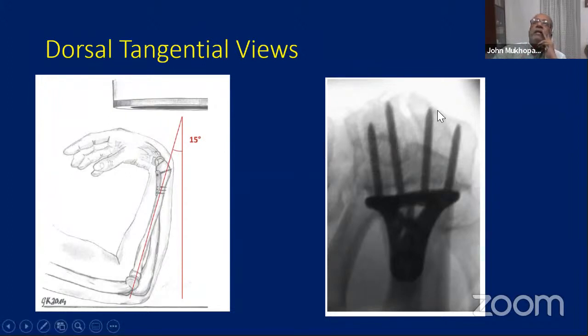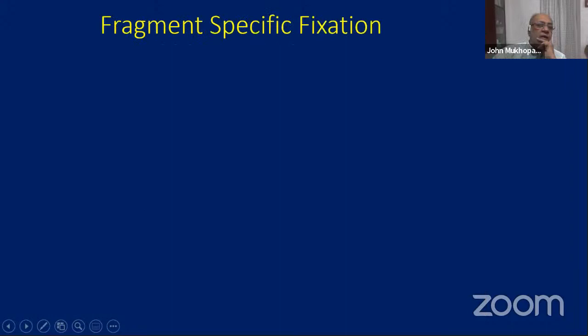So that tuberosity on the dorsal side may project, and your screws, which are actually out of the bone, will still look like they are in the view. So this is a view you take. This is known as the dorsal tangential view, to make sure that your screws are of the right length.